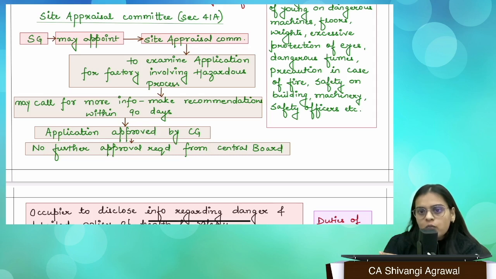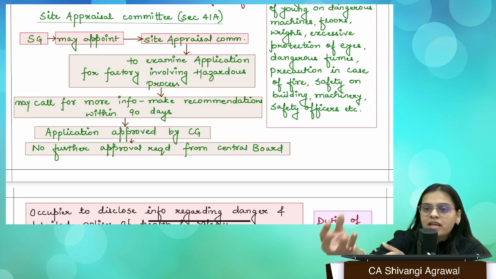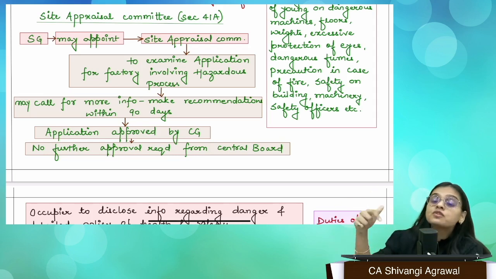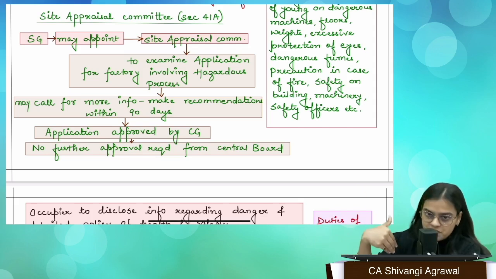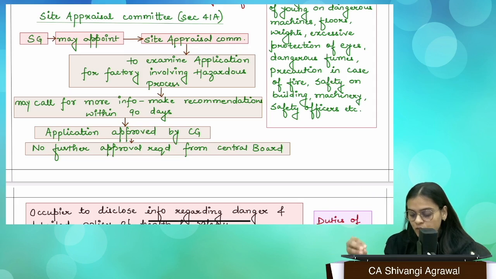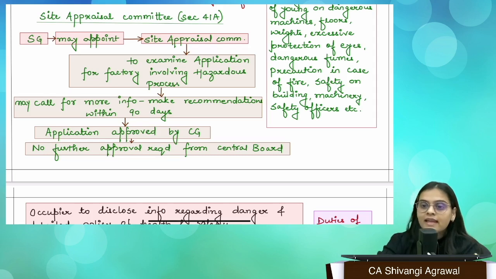Whenever an application for establishment of a factory which involves a hazardous process comes, they will examine it. So the site appraisal committee is going to examine the application for a factory involving a hazardous process. They can also call for more information, and they have to make recommendations to the state government within 90 days.